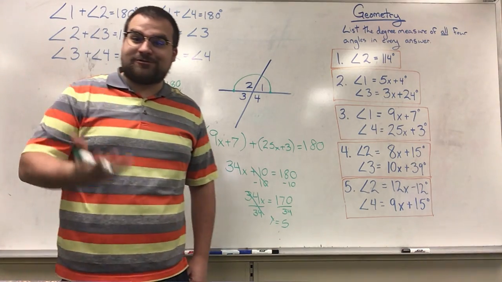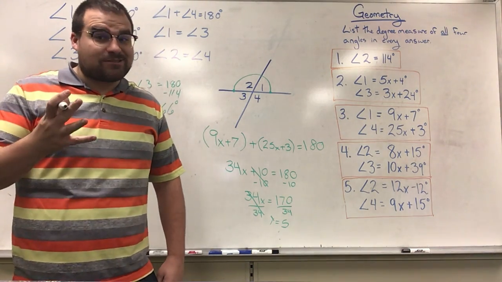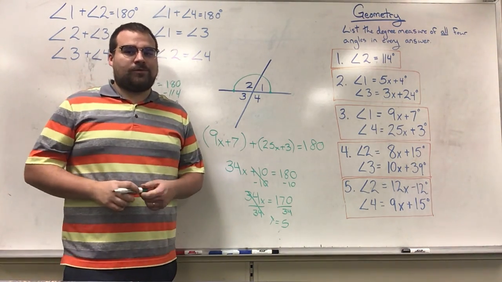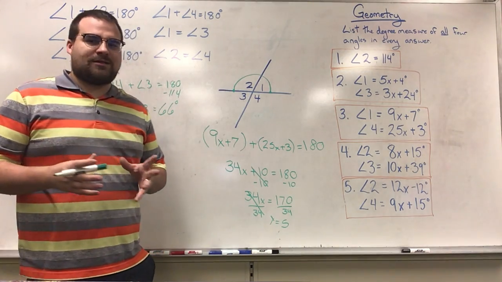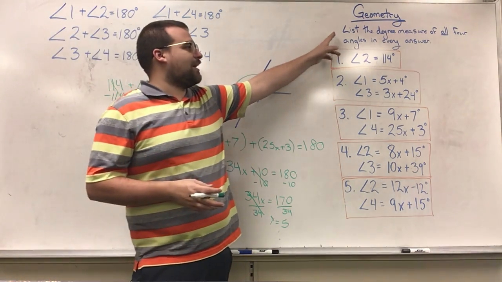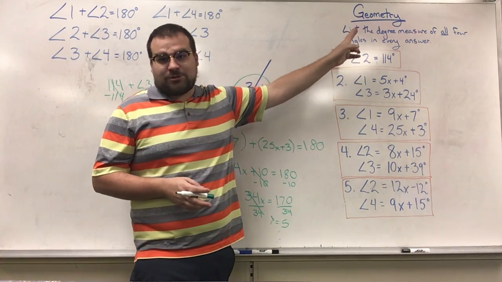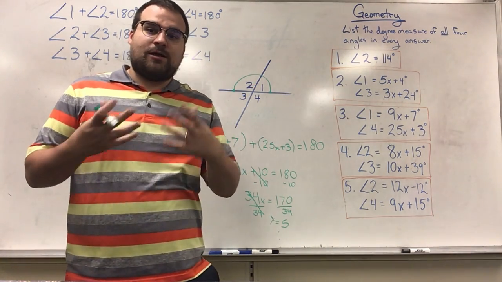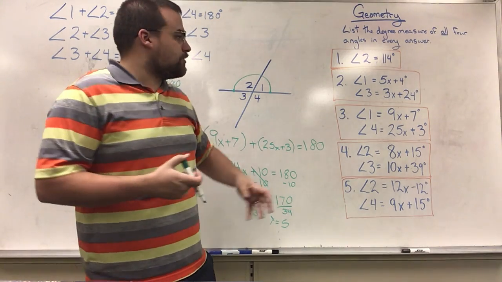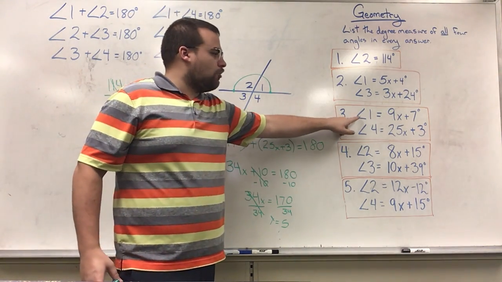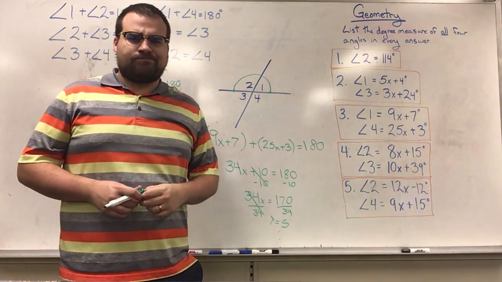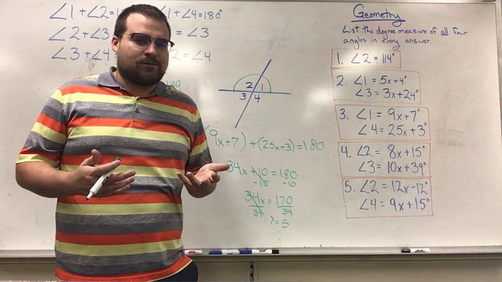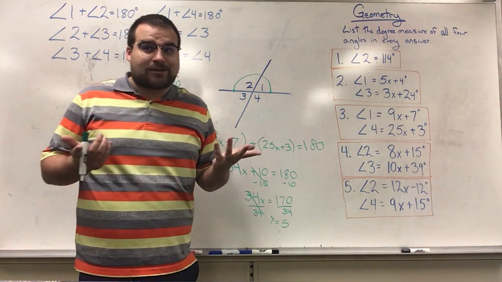We got somewhere, we figured something out, but that's not finishing our problem. You'll notice most problems like this are going to have some instructions kind of like mine do. You don't just want to find x, you want to find the actual angle measure of every angle in this diagram. So if angle 1 is 9x plus 7, how can we figure that out? Well, we just found x, right?